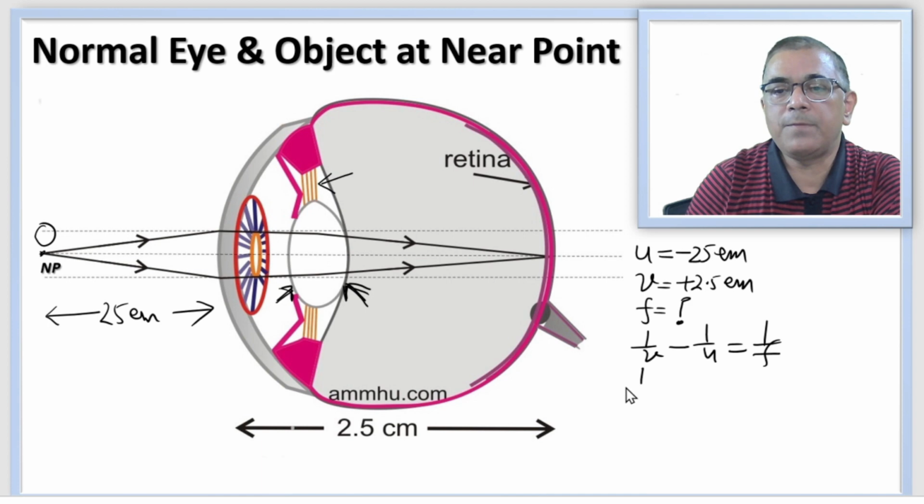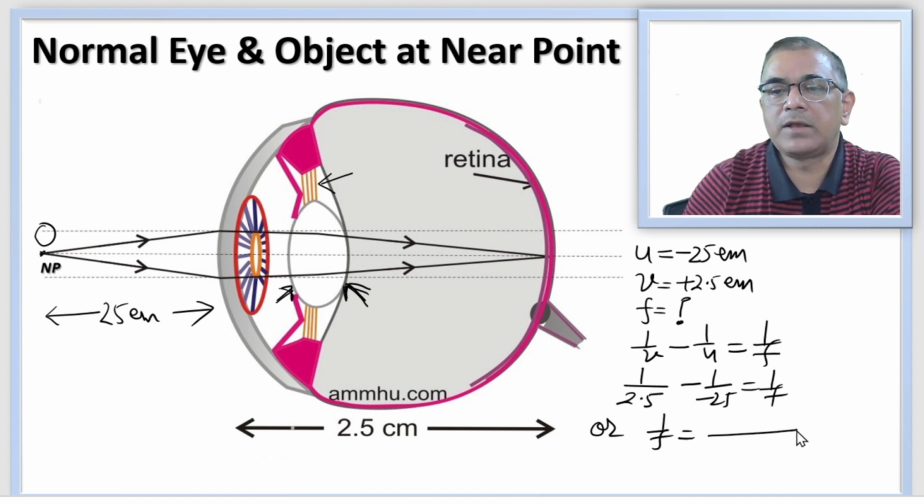So 1 by 2.5 minus 1 by minus 25 equals to 1 by f, or 1 by f equals to, take 25 as LCM, we'll get 10 plus 1, or we'll get f is equals to 25 by 11 centimeter.